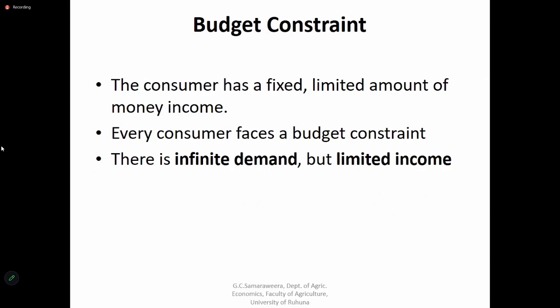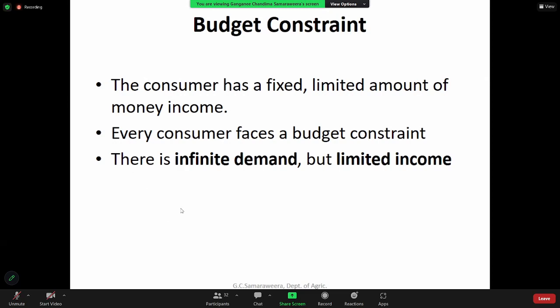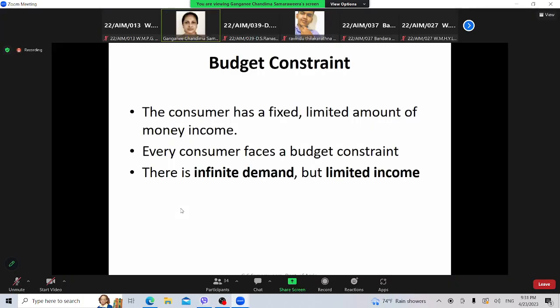You all know we all have a fixed, very limited amount of monetary income. Okay? So every consumer faces a budget constraint, even you. Your parents are giving you money, and still you may not have any jobs.